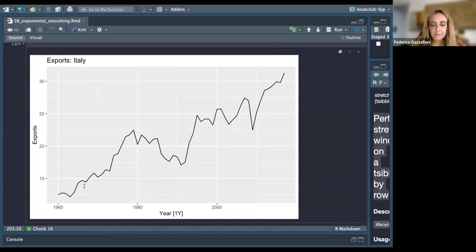So it's a clear growing trend. We had a bit of decrease within the 80s and the 2000s. In particular, I think it's around the 90s. So we start going down and then going up again.